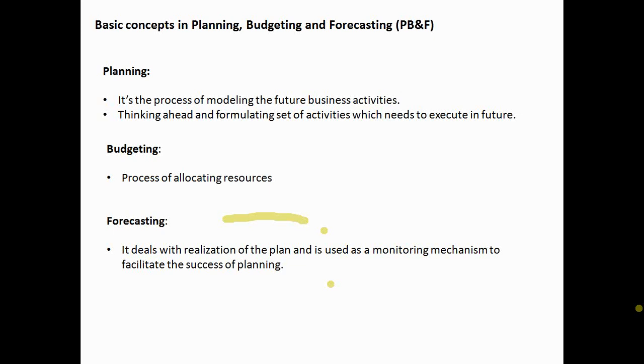In that scenario, the business replans the activity which is not meeting the expected results and re-executes the planning. Because of forecasting, you are just monitoring the planning activity, whether it's going to meet the expected results or not. So this is how planning, budgeting, and forecasting are involved in an organization.